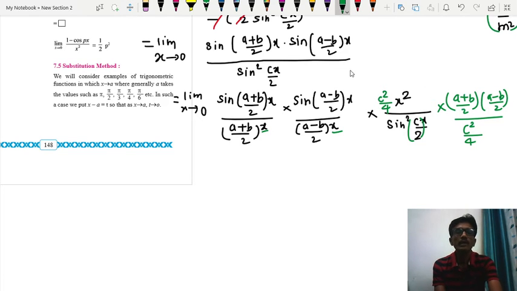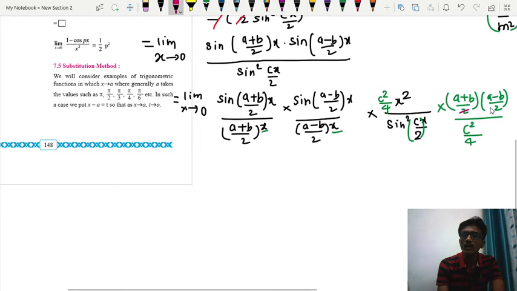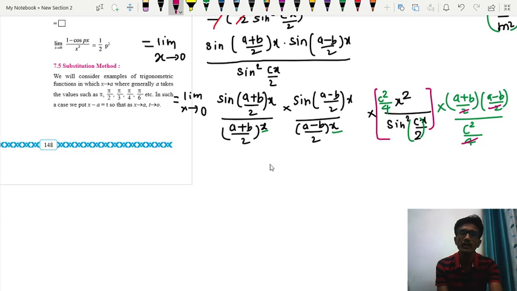Then what can we cancel here? This 2 and this 2 and this 4 are getting cancelled, and this limit will be equal to what? It is of the form (a plus b)(a minus b), which will give us a square minus b square.